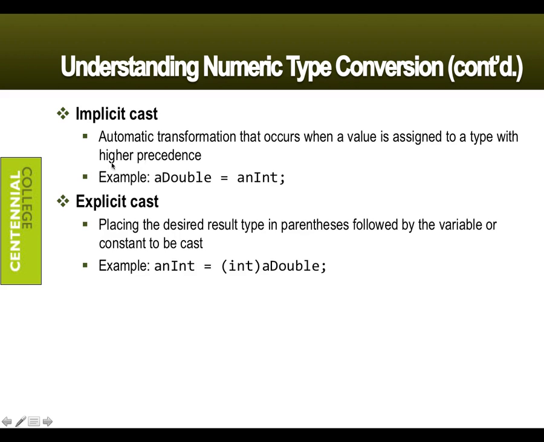So this is an implicit cast. This happens when I'm doing it automatically. I'm letting the machine do it for me. Here, I'm doing it specifically. I'm making it happen on my own. I'm using a special operator to do that. Sometimes when we do this, we lose precision, right? We lose precision, and we never want this to happen. We never want to use implicit casting, ever.